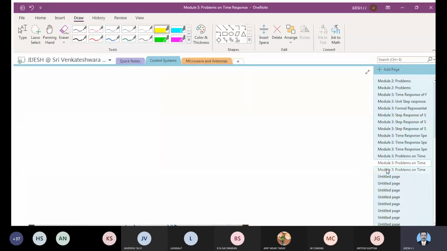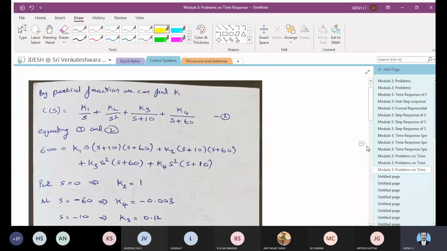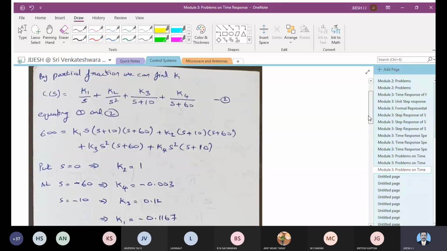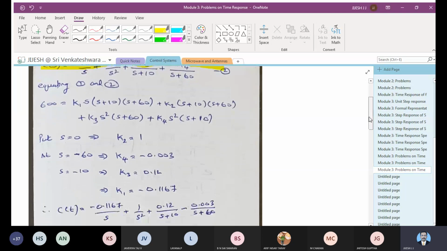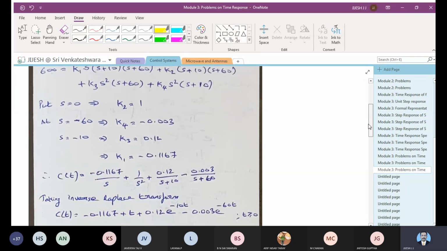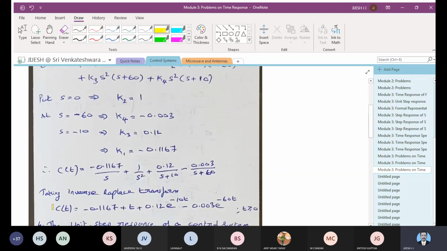By the partial fraction method, which you might have studied in mathematics, you need to write that equation in this form, that is k1 by s plus k2 by s square plus k3 by s plus 10 plus k4 by s plus 60. You name it as equation number 2.